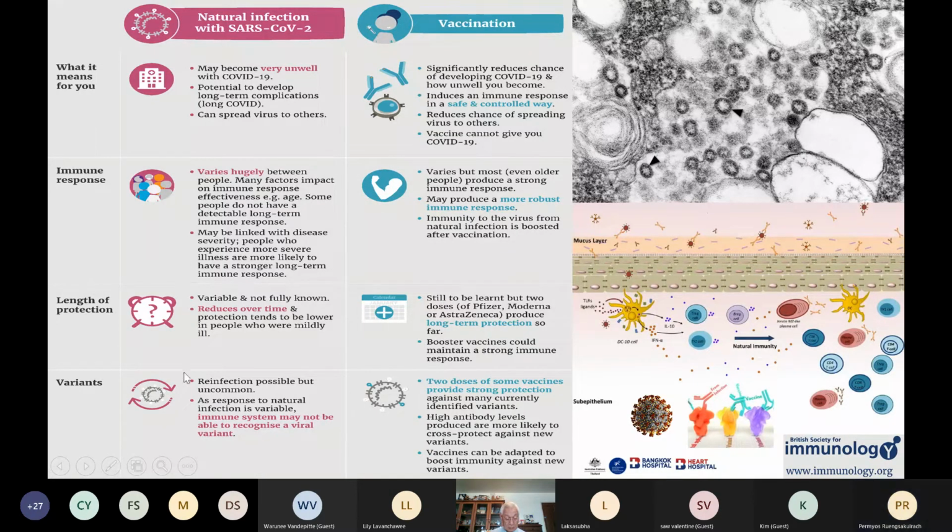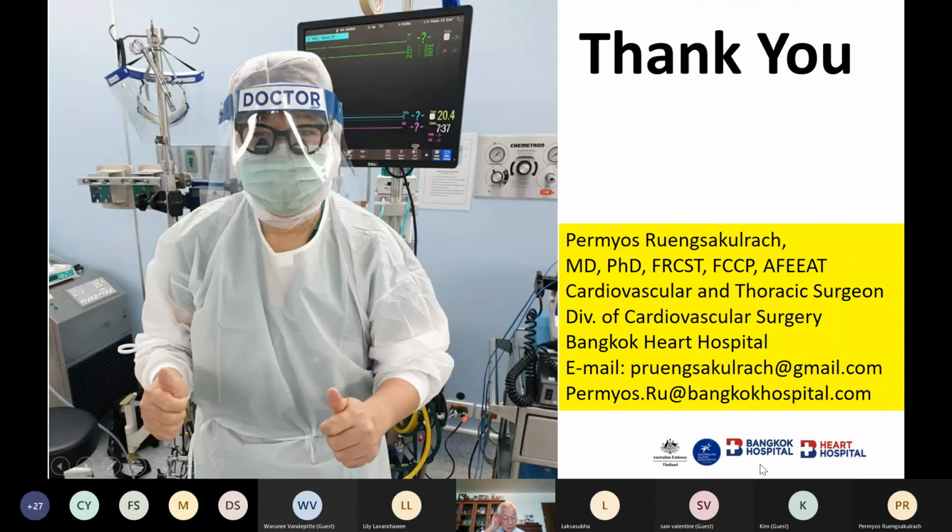And for the variants also, the vaccine can be made to match the change in the spike protein mutation, so they can make a new vaccine to combat this and make more antibody for specific variants. Thank you very much.